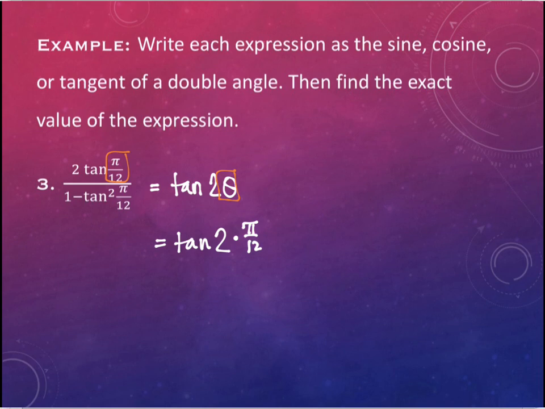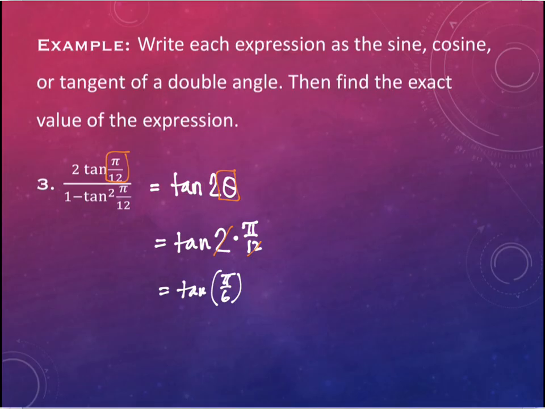Right? Pi over 12 is not an angle I'm familiar with. It's not one of the unit circle ones that we worked on. It doesn't match anything that we've memorized. It's not a friendly angle. But pi over 6 is great. So when I simplify, this 2 and this 12 will cancel, and I have the tangent of pi over 6. I can do this directly from my unit circle.